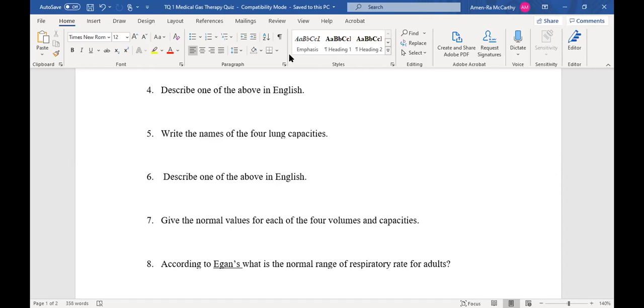Good. Miss Thomas, can you tell me another capacity? The inspiratory capacity. What is that? The maximum inhalation following quiet exhalation. Good. Maximum inspiration following a quiet exhalation.